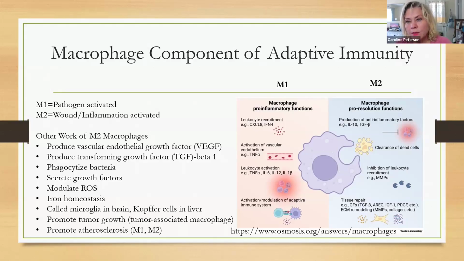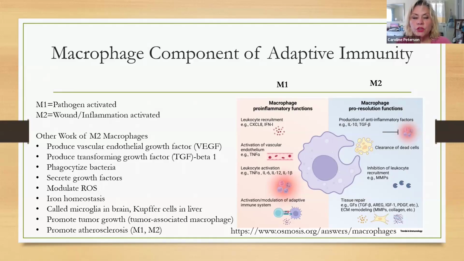So we say M2 is anti-inflammatory, and that's one of the big things that GLP1 does. However, it's better to think of it as pro-resolution. Part of what it does, like with wound healing, is that it's going to provoke production of vascular endothelial growth factor, which causes neovascularization, so new vascularization to form so that a wound can be healed.